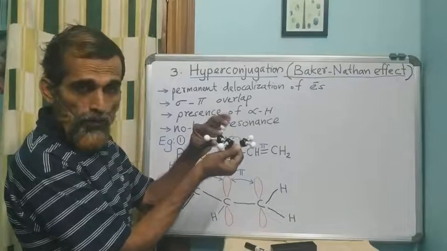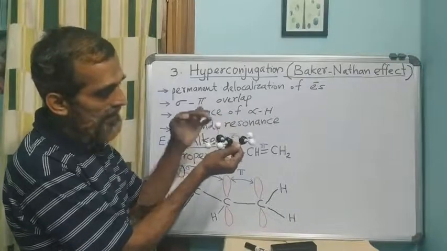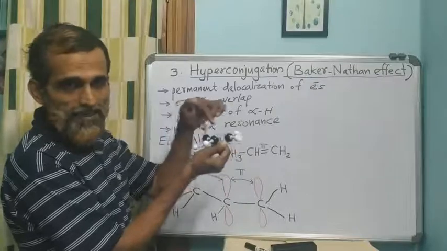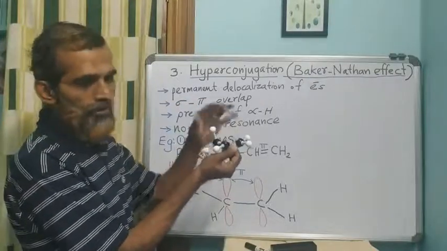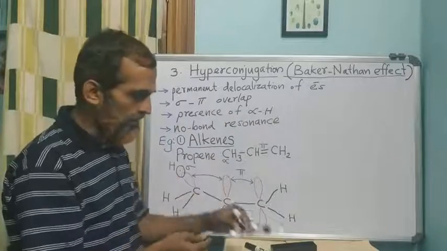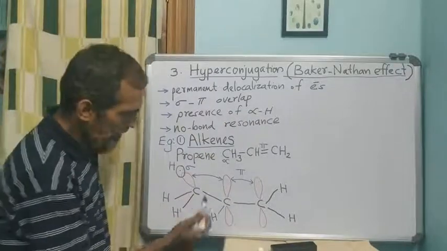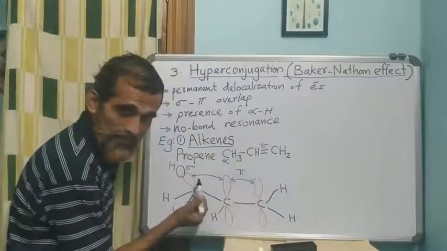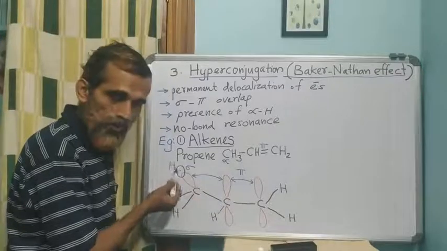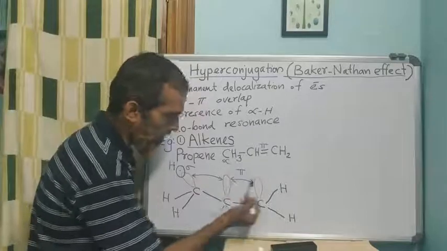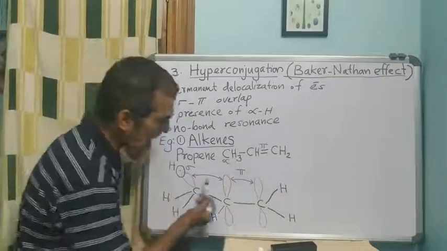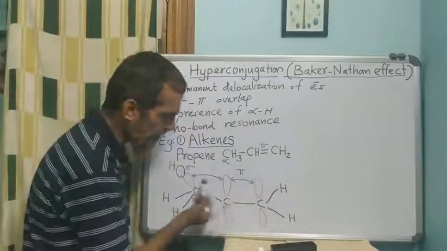So in the next point of time, it can be the next C-H bond overlapping laterally, undergoing hyperconjugation, and again this also can undergo this kind of overlap. So this is hyperconjugation, overlapping of this sigma bond or sigma orbital with this pi bond or pi orbital, making a track for electron to move about.